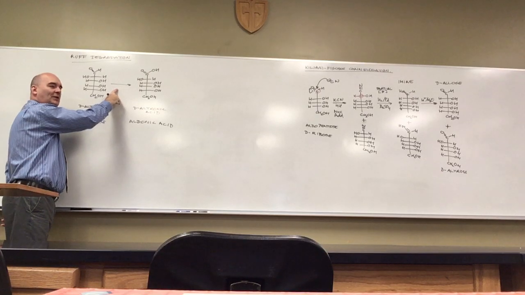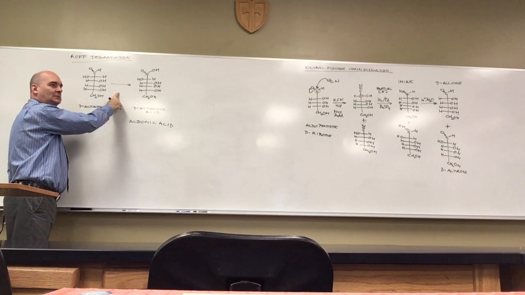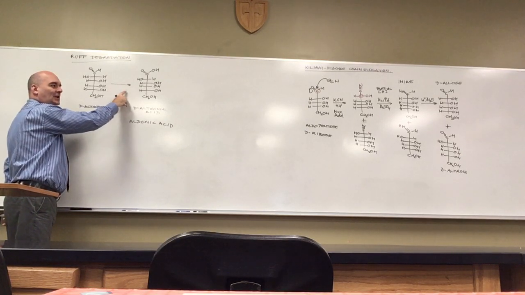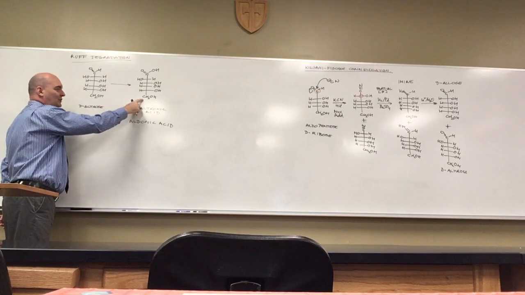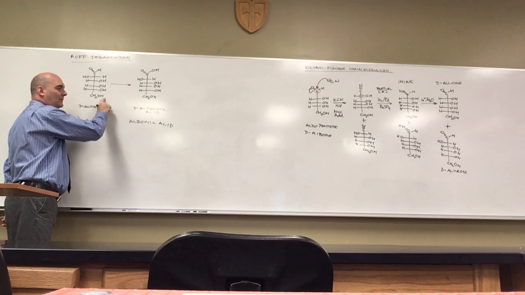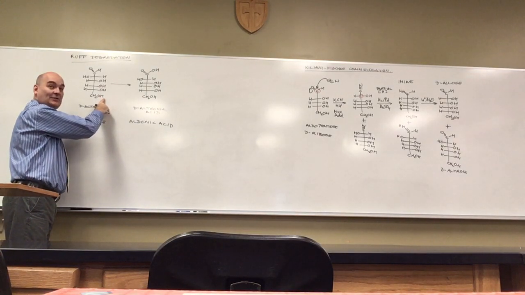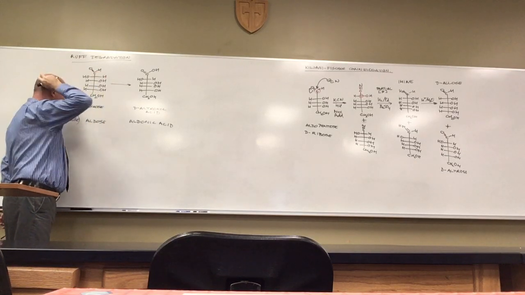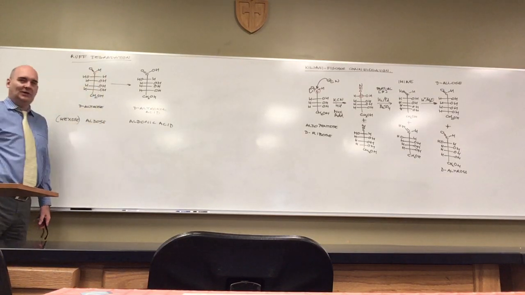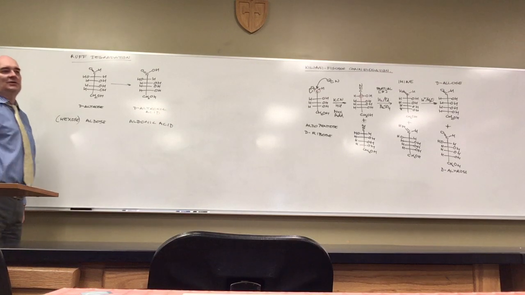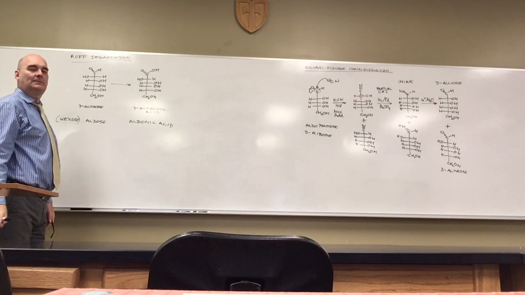No, that's very, very strong. Lithium aluminum hydride? No, that would be a reduction. This is an oxidation, and I'm not touching this bottom primary alcohol. That would be slightly sensitive to oxidation. The aldehyde is very sensitive to oxidation, so this is a mild oxidation of an aldose to an aldonic acid.